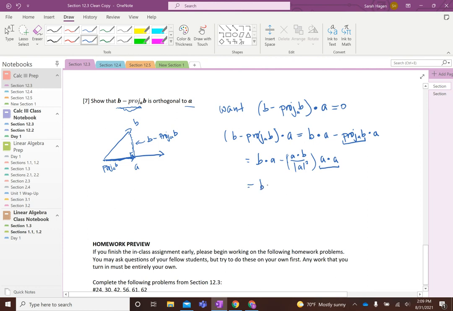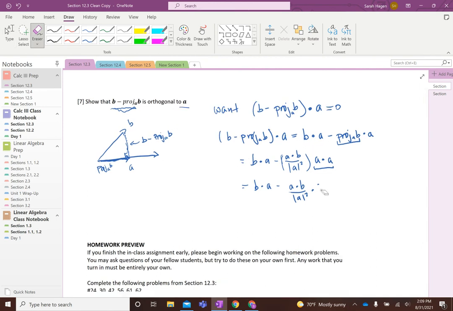So that's equal to B dot A minus A dot B over the length of A squared, times the length of A squared. These cancel. B dot A equals A dot B, so that equals 0 as desired.